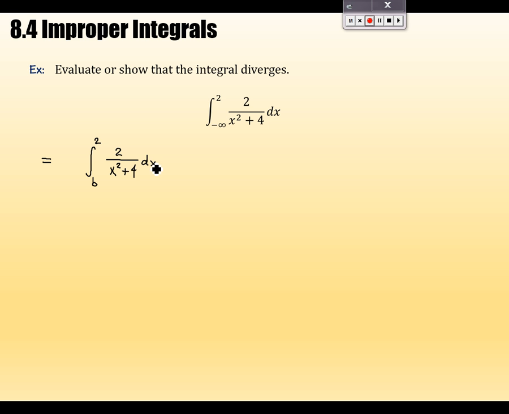Okay, capital B. But wait, we want to take the limit of this expression as capital B goes toward, this time, negative infinity. Does that make sense? You can use whatever letter you like in your own notes. This limit as B approaches negative infinity will just hang out in front of this as we do this.